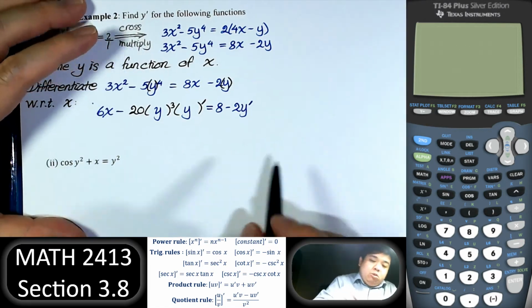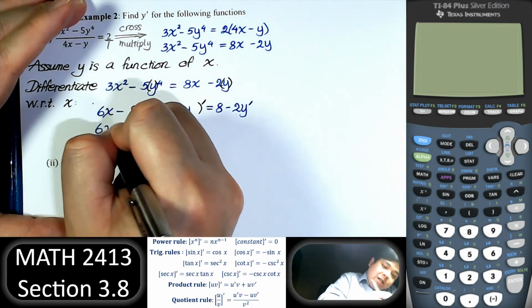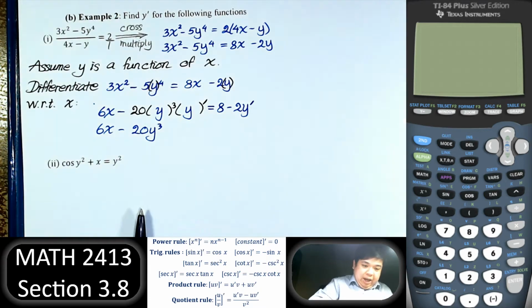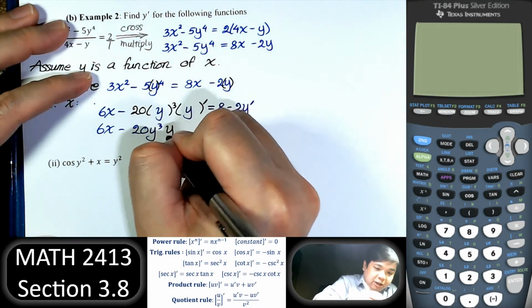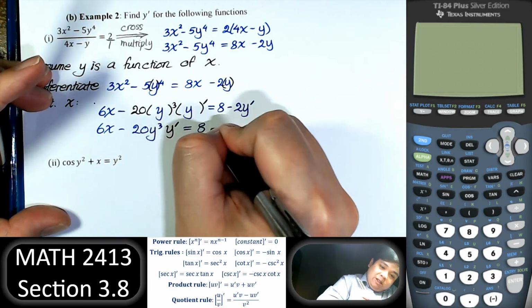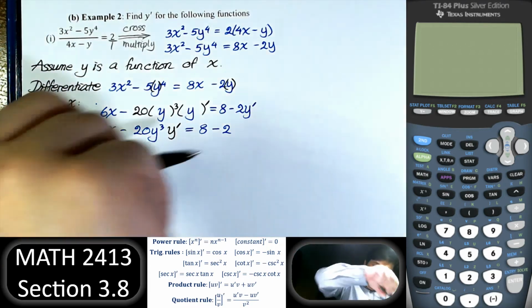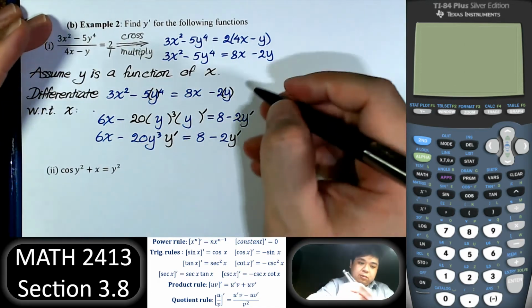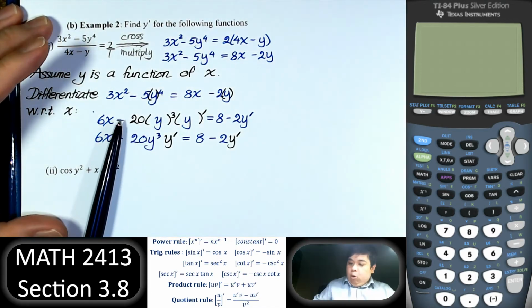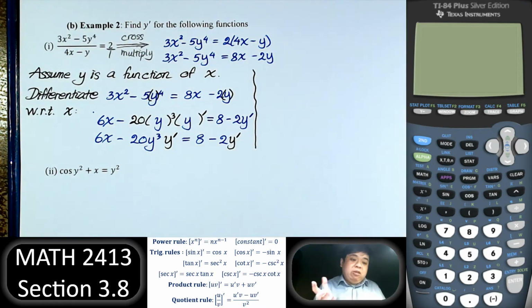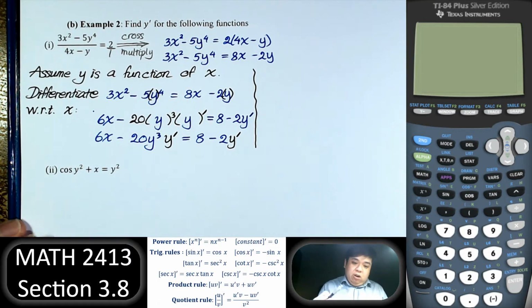Right, multiply them out. 6x minus 20y cubed, and then since we solve for y prime, try to make it look a little bit different. We solve for y prime. Now solve for y prime. Let's move everything to one side. Let's move the 2y prime to the other side.